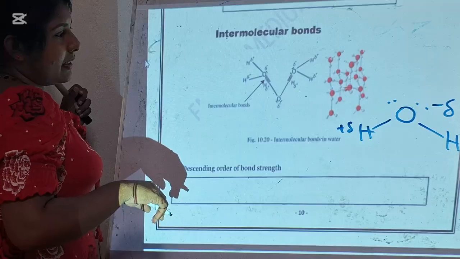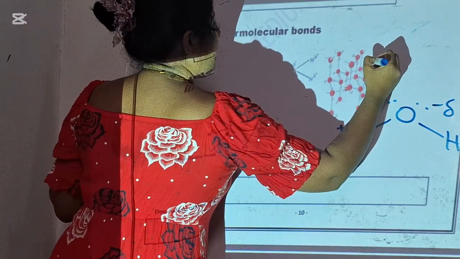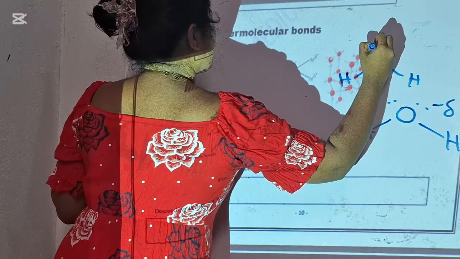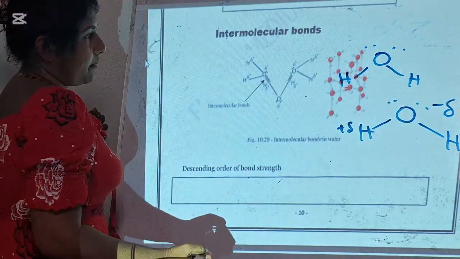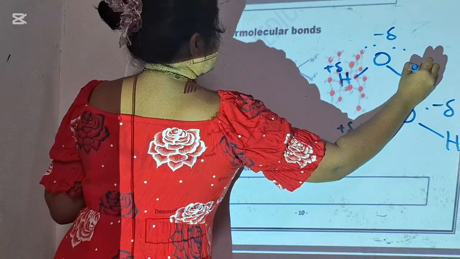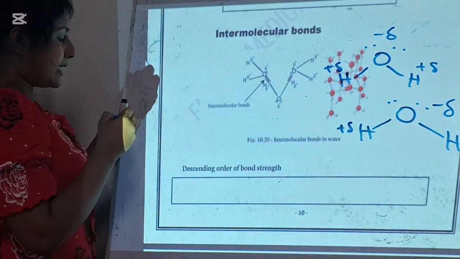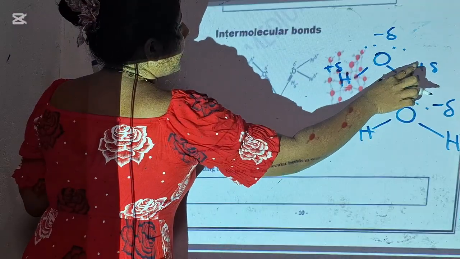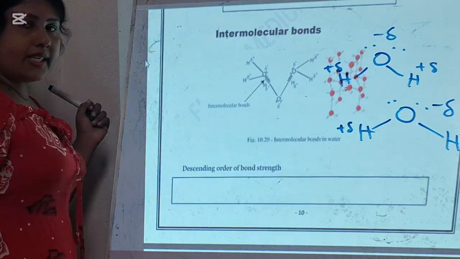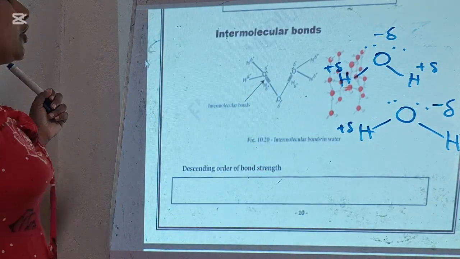Like this. Okay. This one also has positive and negative charges. So you can see in this water molecule the hydrogen has positive charge. Here the oxygen of the other molecule has negative charge.